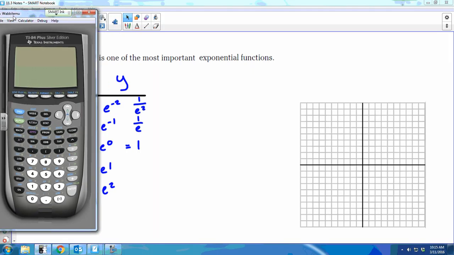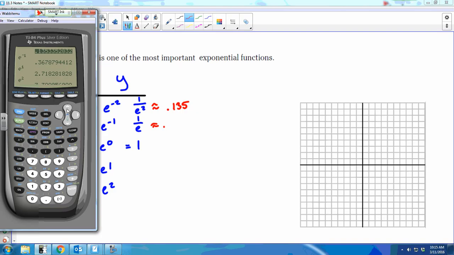So I can figure out what all of those are. We've got approximately 0.135, 0.368, 2.718, and 7.389.